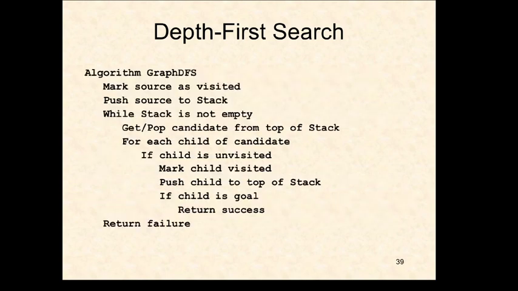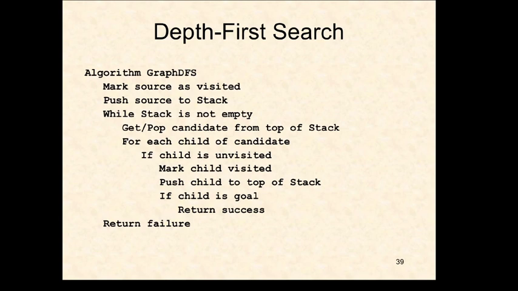Now, if we look at the overall algorithm, here it's laid out. This is basically project one when we're doing it with a stack. I start out, everything is unvisited. I mark the start as visited and I push the start to a stack. While the stack's not empty, I get the next possible location from the stack.